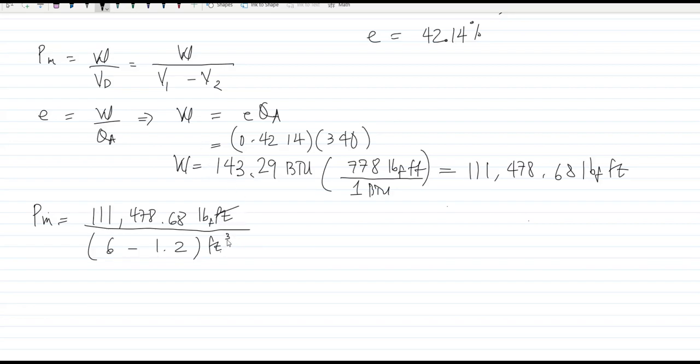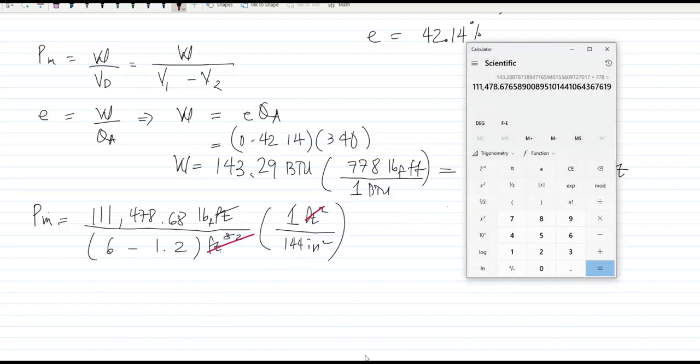So this will be square feet. So we have PSF, but since we started with the unit of PSIA, and since this is in PSF, we should convert the square foot here. We know that 1 square foot is 144 square inches. Okay? So square foot cancels out and we have pounds per square inch. So let us again get our calculator.